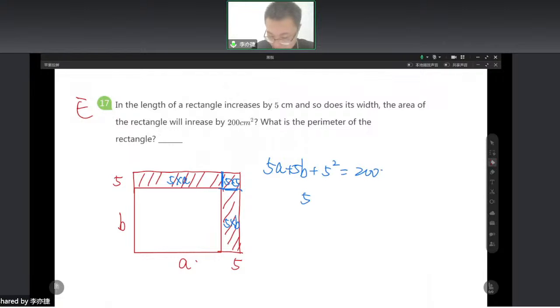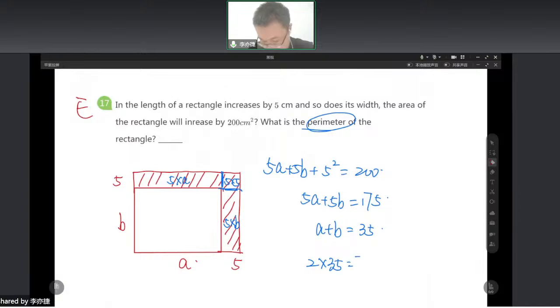Then we can get 5A plus 5B is 175. Then A plus B is 35. It's asking for the perimeter. So the perimeter is just 2 times A plus B. So it's 2 times 35, which is 70. Quite easy, right?